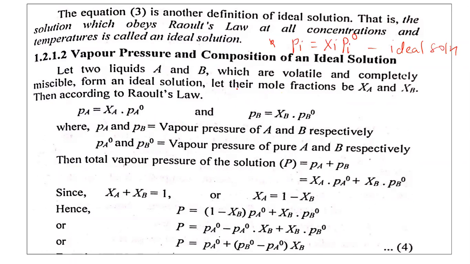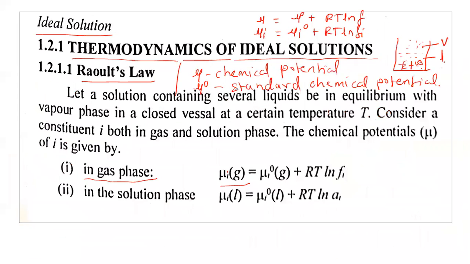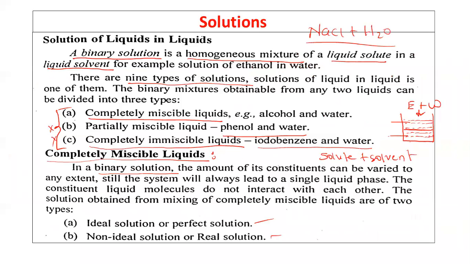So I think you can understand about these solutions. In this lecture, we have discussed what solutions are, and particularly solutions of liquids in liquid. A binary solution is a homogeneous mixture of liquid solute in liquid solvent, for example, a solution of ethanol in water.